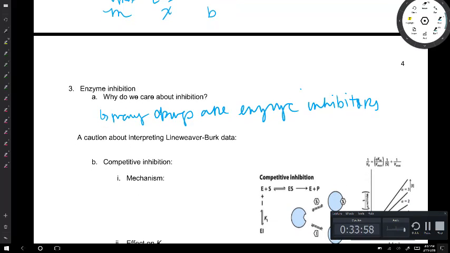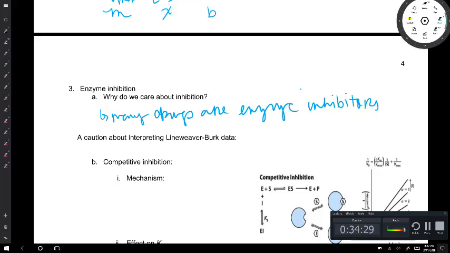Now, when I show you the different types of inhibitors, I'm going to show you an example of Lineweaver-Burk plots, because I mentioned Lineweaver-Burk plots are particularly useful for getting an idea of how enzyme inhibition works. However, the Lineweaver-Burk data itself should not be your indicator. So when you write your lab report, you can't say, this enzyme is a non-competitive inhibitor because of the pattern on the Lineweaver-Burk plot.